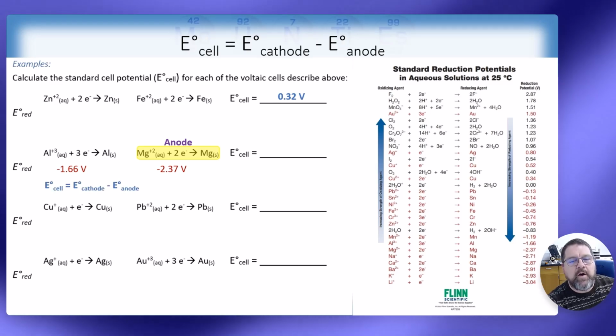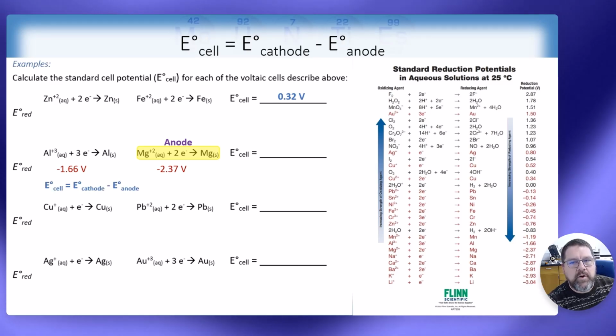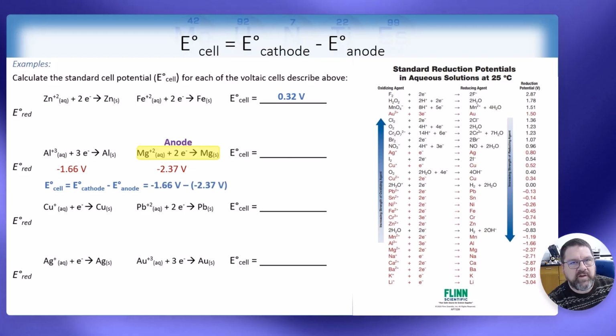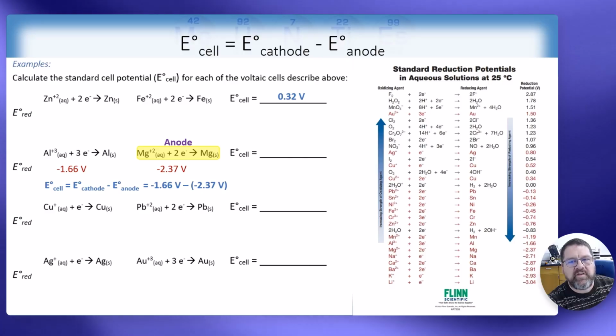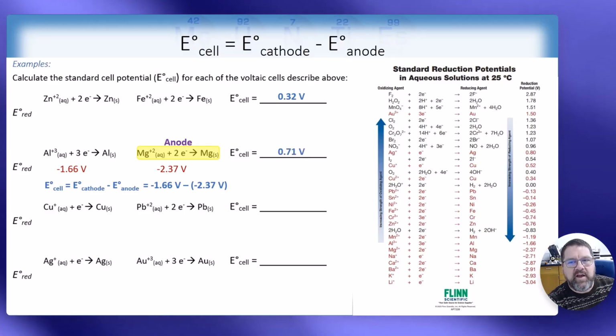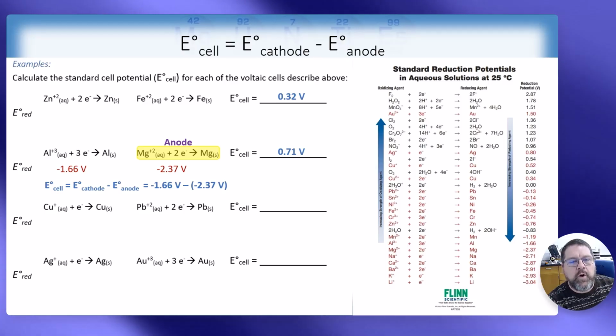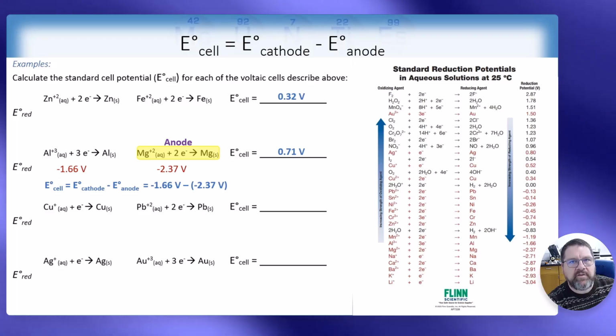To find E cell, E cathode minus E anode, so we're going to take negative 1.66 volts, that's from the aluminum cathode, minus the negative 2.37 volts from the magnesium anode, and that's going to give us a positive 0.71 volts. Go ahead and pause the video, try these next two on your own, and then restart to check your answers.